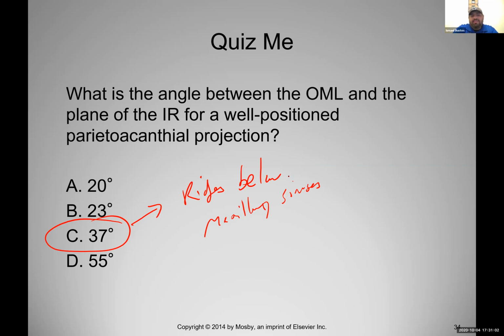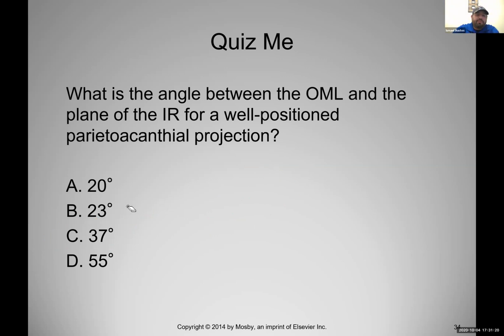Okay, as that angle goes up, the ridges go up as well. So as that angle increases, those ridges start going up. Okay, so be careful that you stay at that 37-degree angle. All right, let me erase all that. You said 37 degrees, you were correct.